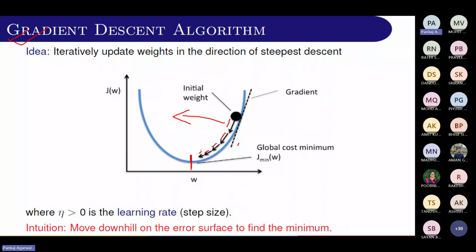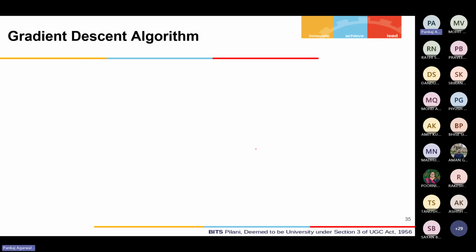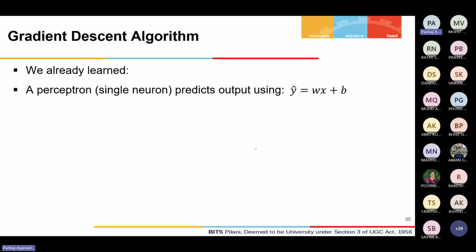If my step size is very big, I might miss that global minimum value, right? So I also have to ensure that my steps are suitable. So I have to move downhill on the error surface to find the minimum, right?